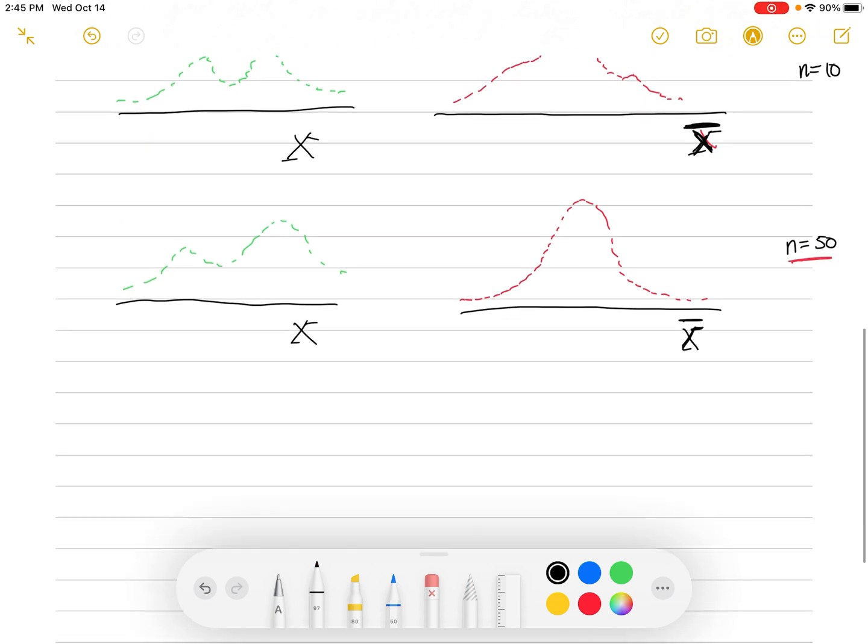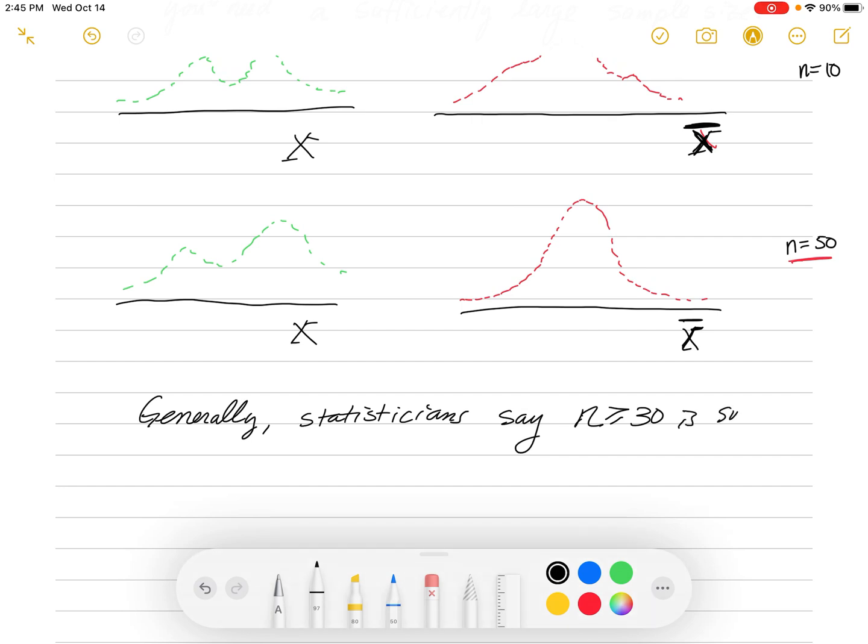So generally, the agreed upon number is, this is not always true, but generally statisticians say a sample size n greater than or equal to 30 is sufficiently large.